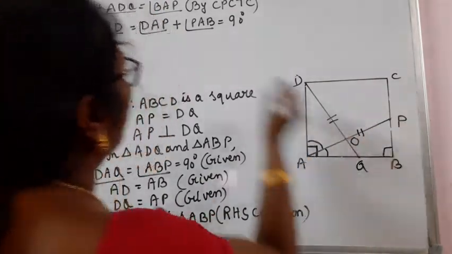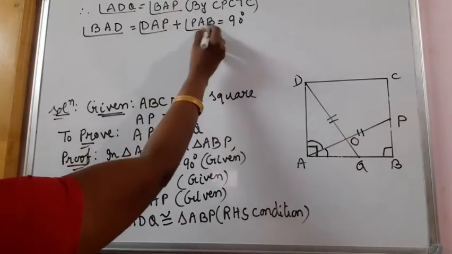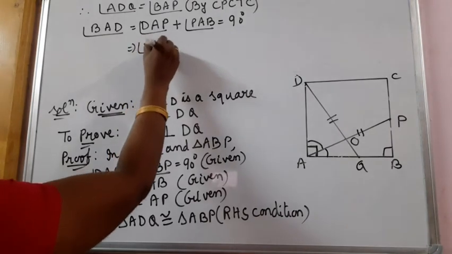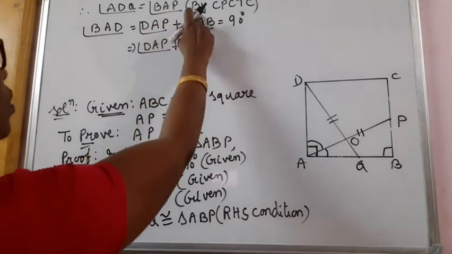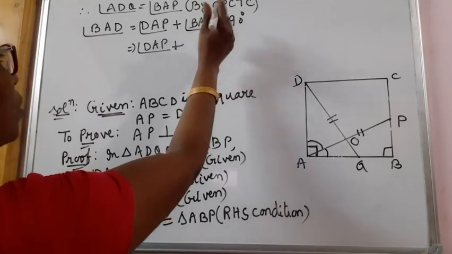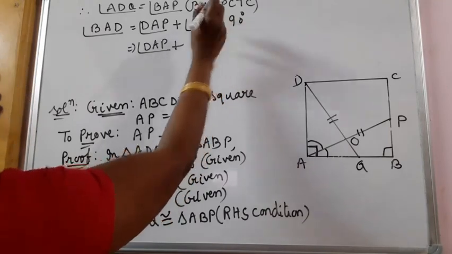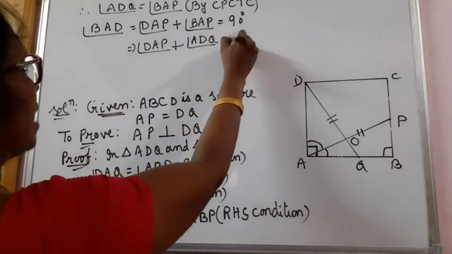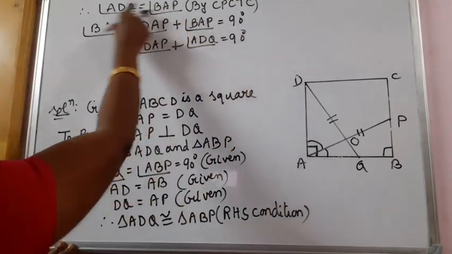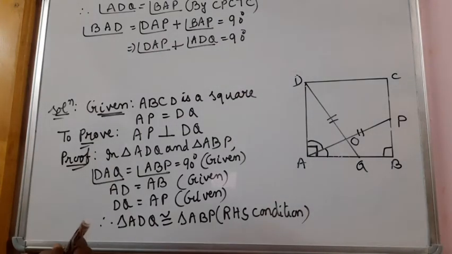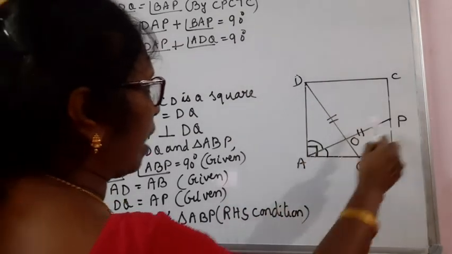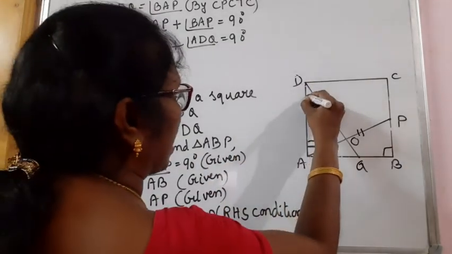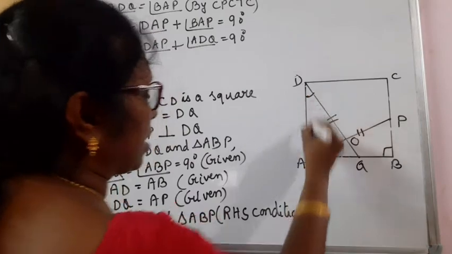BAP or PAB both are same. So let me write angle DAP plus angle ADQ equals 90 degree, because in place of BAP I wrote angle ADQ. Now you see angle DAP means this angle, angle ADQ means this angle. Sum of these two is 90 degree.